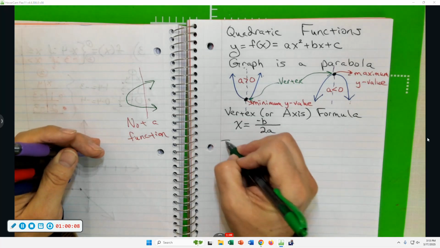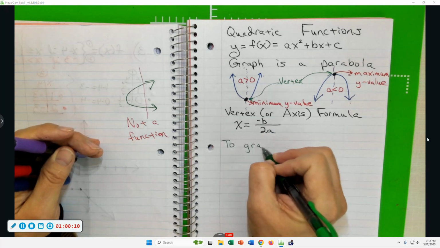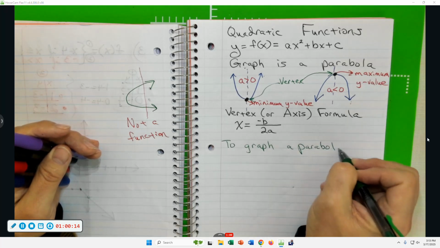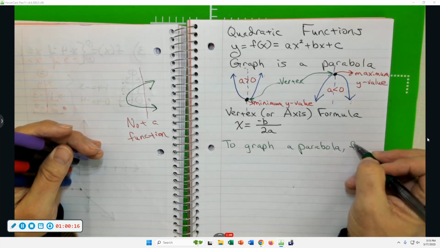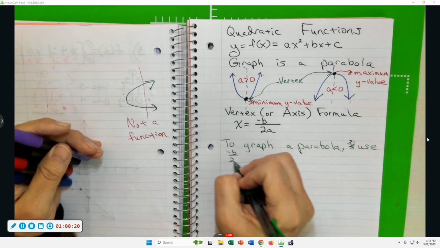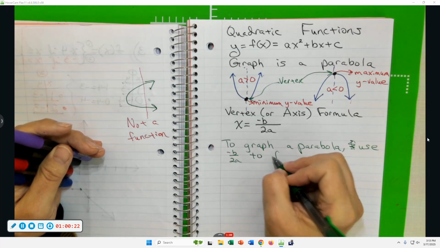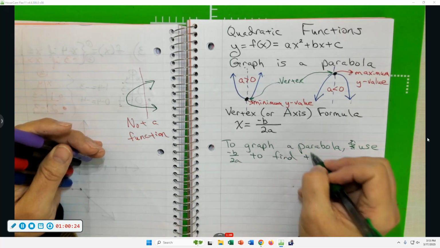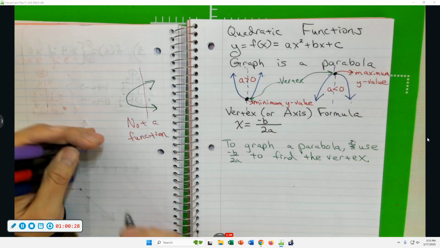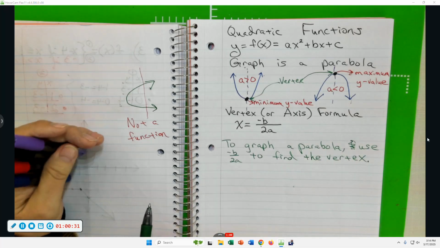To graph a parabola, you'll use negative b over 2a to find the vertex. Then you have to find one other point.